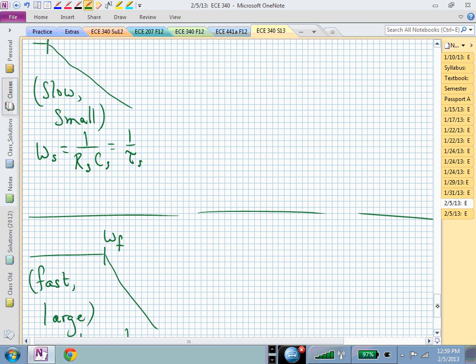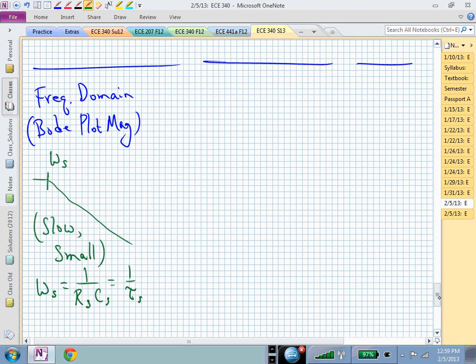And how that pulse gets pushed through that system, or what the output looks like, depends on what this break frequency or cutoff frequency is. The response is going to be different for a low-pass filter that has a large bandwidth versus one that has a small bandwidth.